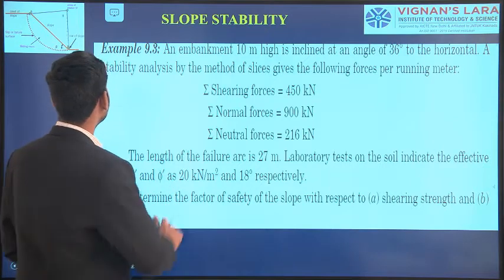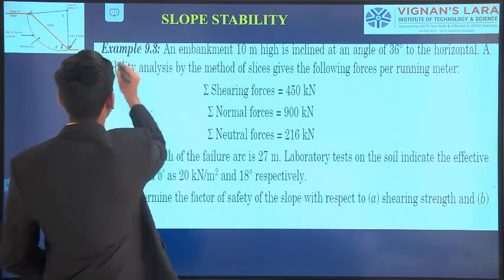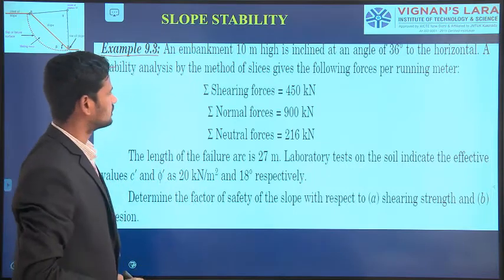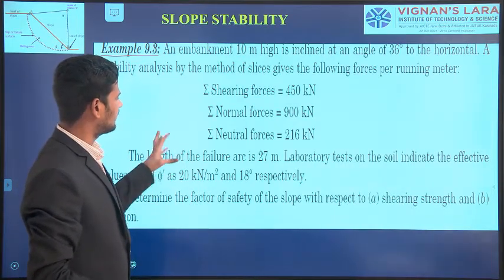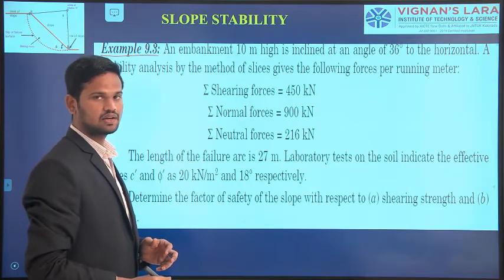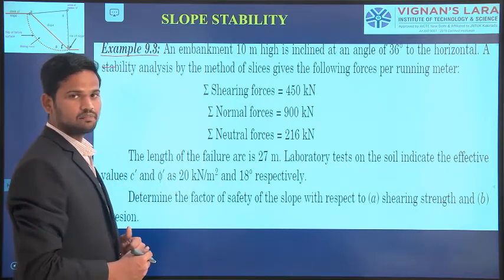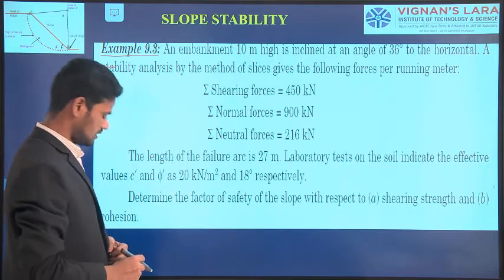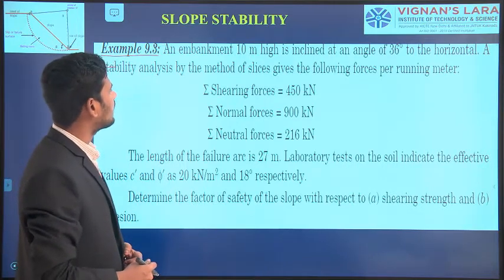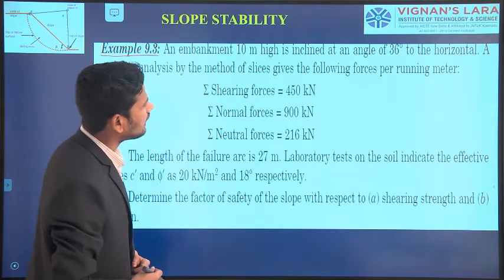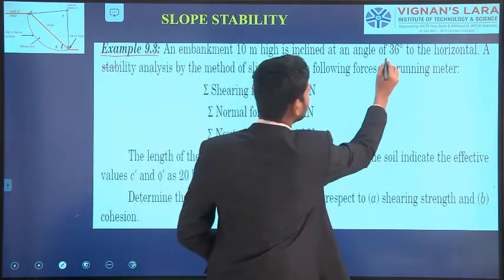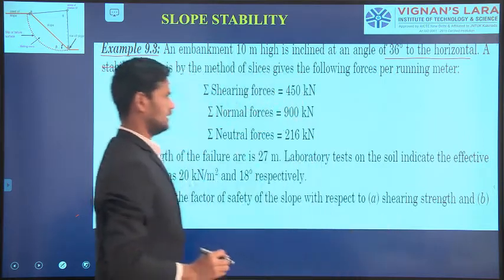If you observe here, I have written one problem on the standard method of slices. In this problem, they have given all the contents. First, I am reading the problem. The problem is: an embankment 10 meter high is inclined at an angle of 36 degrees to the horizontal.